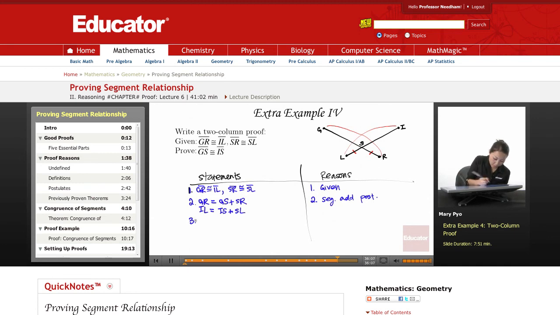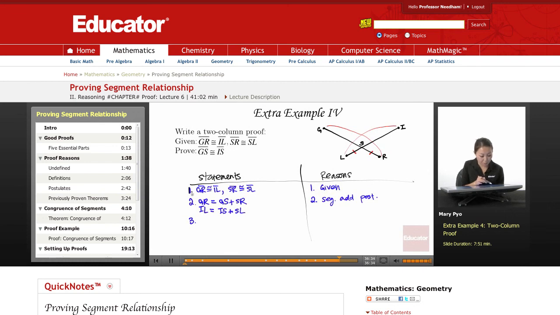Now, before I go on, notice how in step 1, I have congruent signs, and in step 2, I have equal signs. For the segment addition postulate, I have to make it equal, not congruent. So if I want to go on any further using GR and IL or anything else, I need to change my step 1 to equal signs.